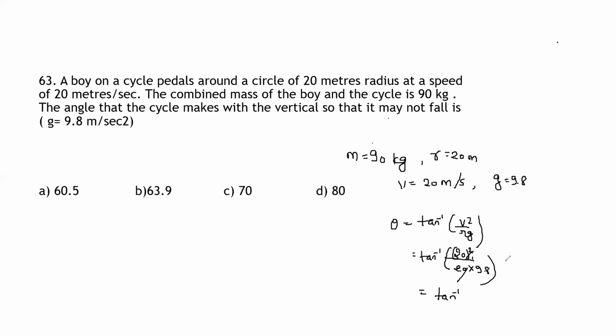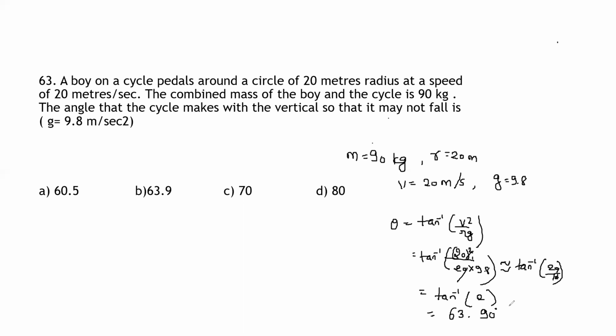Or if you want, just roughly you can do the calculation as tan inverse of 20 divided by 10, meaning instead of taking 9.8, I can take it as 10. So the zeros will get cancelled. Therefore, you are getting tan inverse of 2. So what is the value of tan inverse of 2? It is 63.90 degrees. Okay.